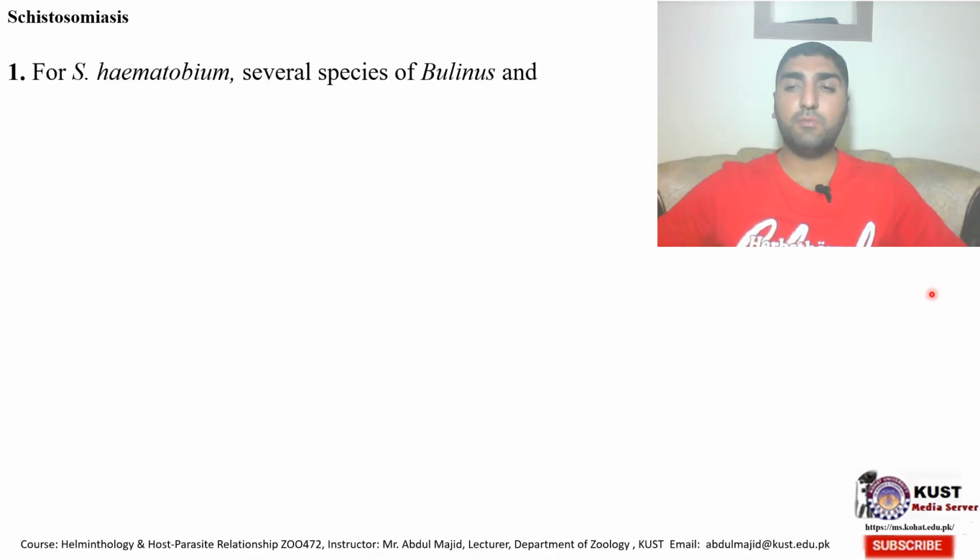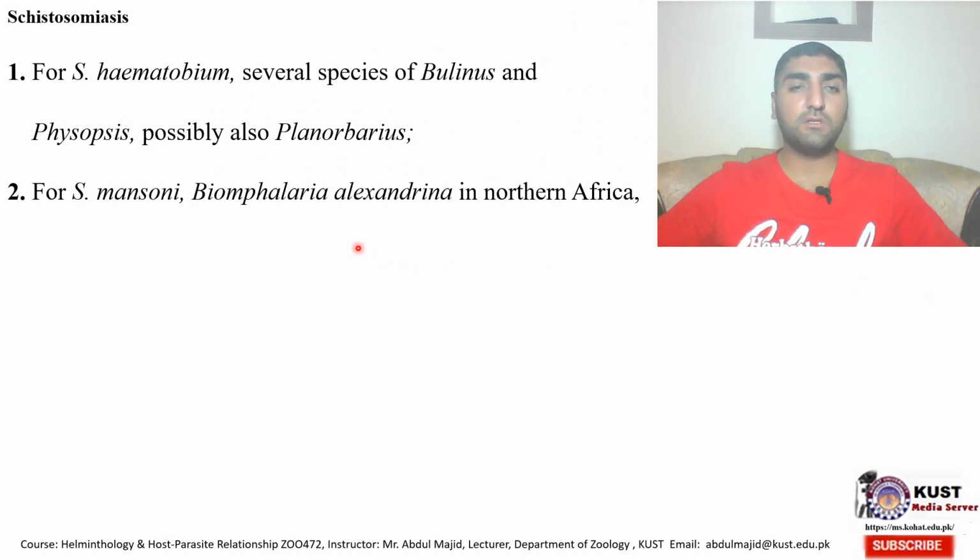In the previous slide, we discussed different species of Schistosoma with respect to their snail host. Here are some other snail species, apart from those we discussed in the previous slide, which also act as intermediate hosts for Schistosoma hematobium, mansoni, and japonicum.